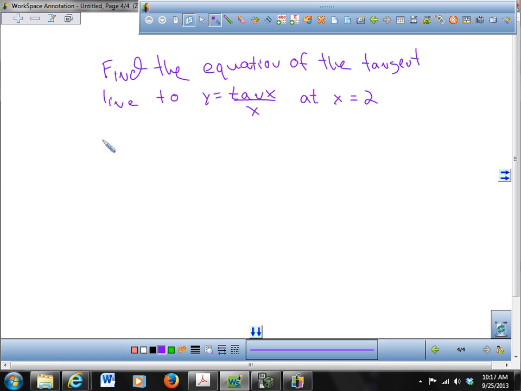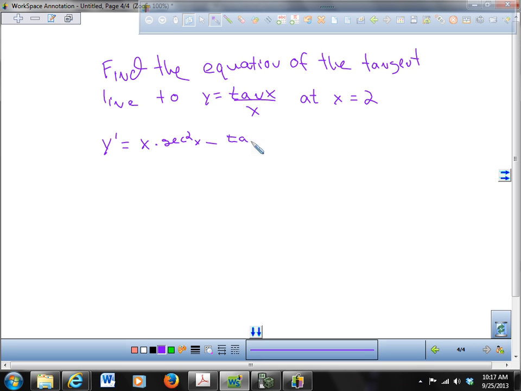So y prime is going to be equal to, low d high, x times secant squared x, minus high d low, tan of x times the derivative of what's below, which is 1, all over x squared, right?